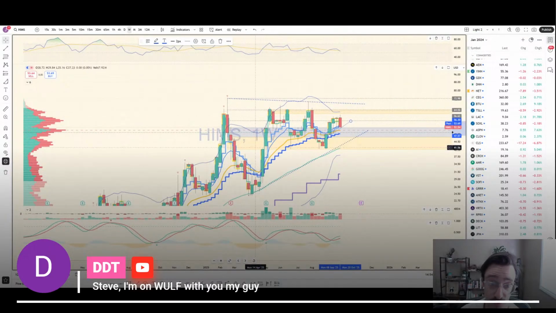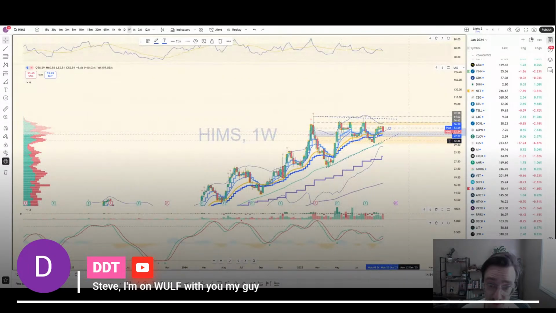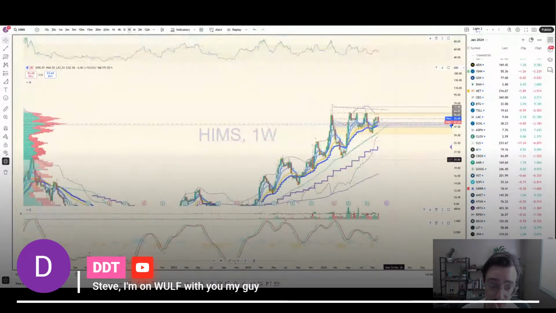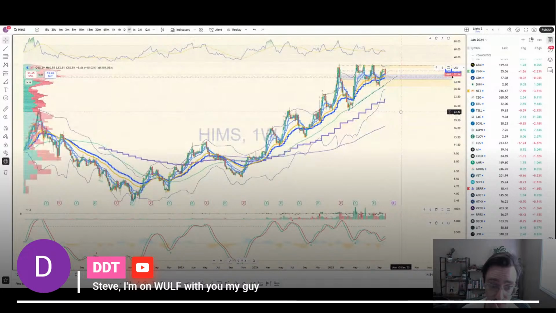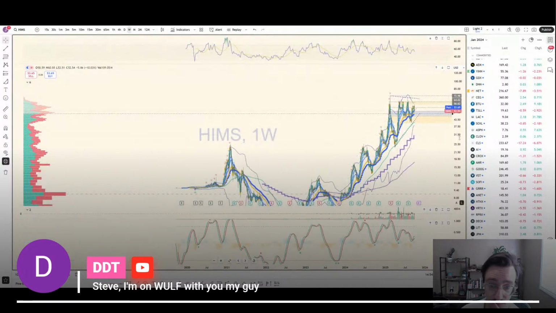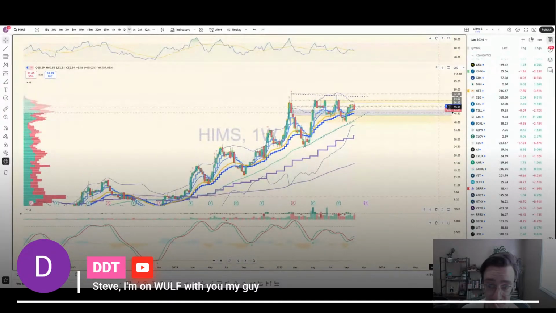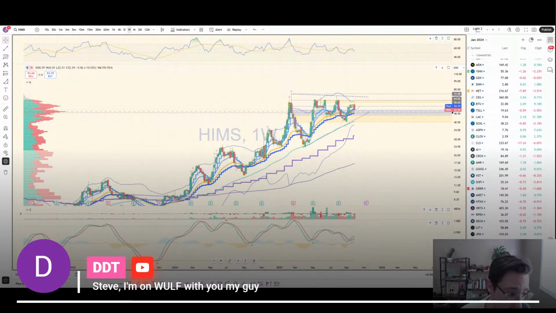Eventually, this thing will move a lot higher. I'm almost positive this is an ascending triangle that's being built out. Yep, still love this name. What else we got, guys?